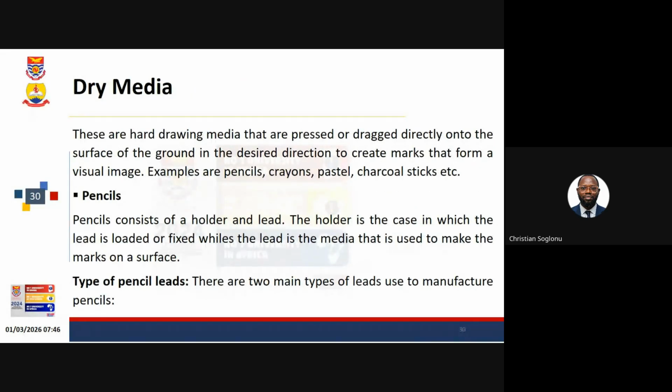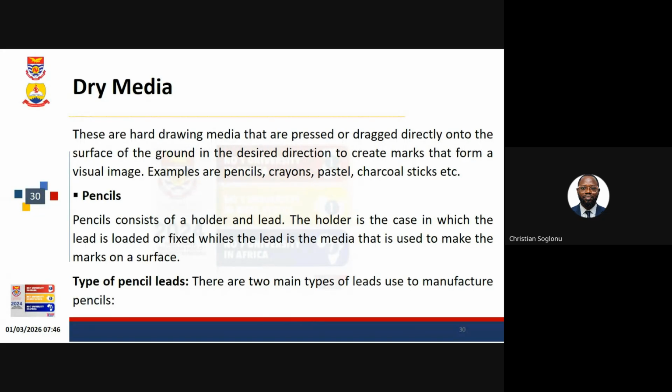So the dry media, we are saying these are hard drawing media that are pressed or rubbed directly onto the surface of a ground in the desired direction to create marks that form a visual image.